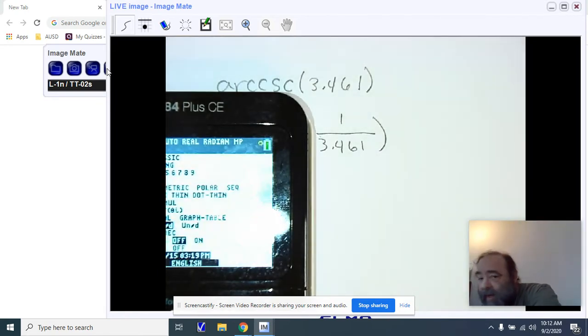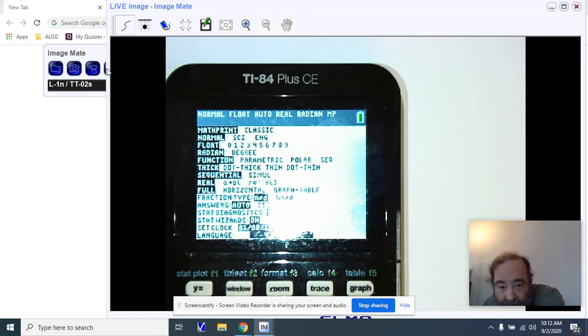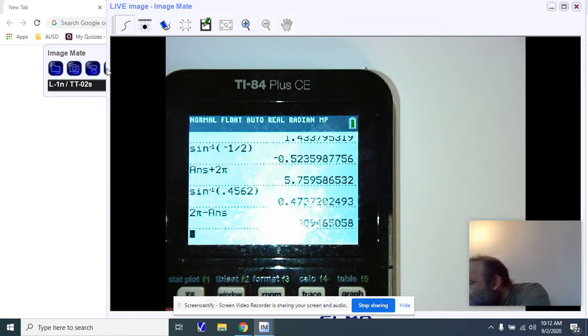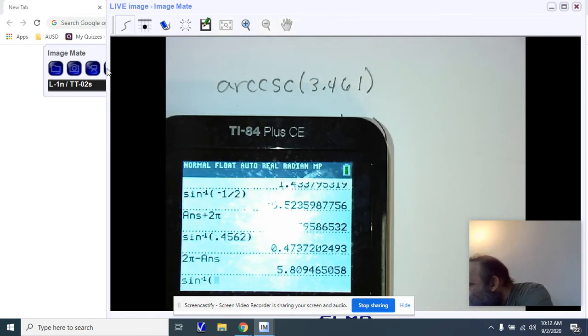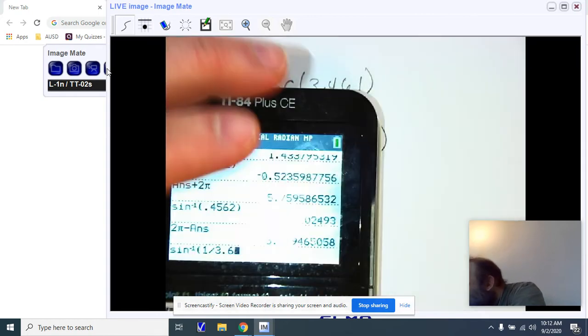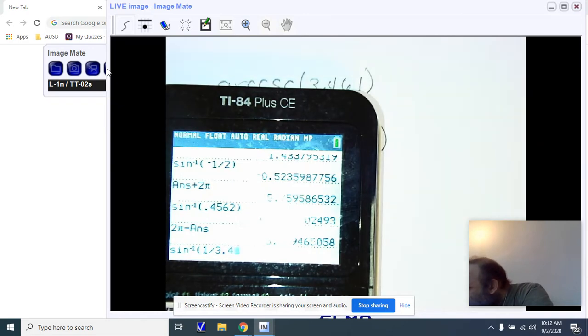Let's start off by making sure that you are in radian mode. If you're not in radian mode, you will get this wrong. Second quit. Second, sine is how we find our arc sine. Put in 1 divided by 3.461. Close parenthesis.